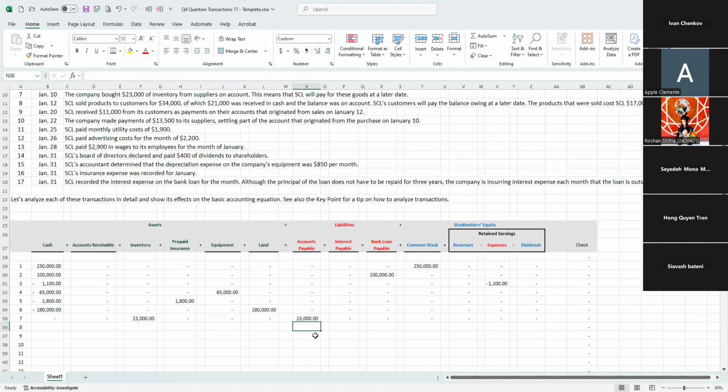Let's pretend for a second that I don't want to pay this accounts payable. What I'm going to do is get another loan from the bank. I'm going to get the loan from the bank, $23,000, and with that loan I'm directly going to pay my accounts payable.